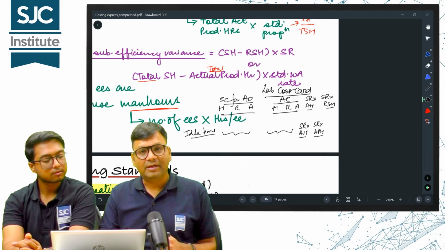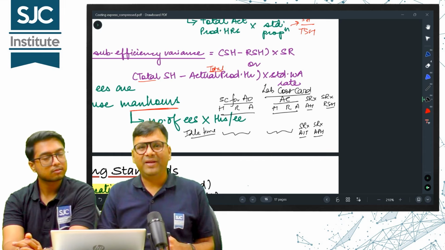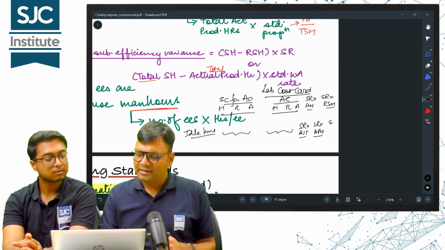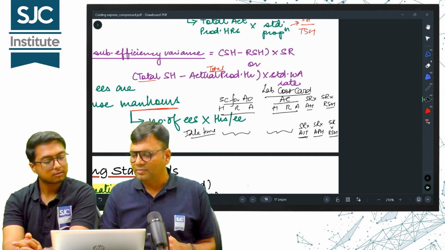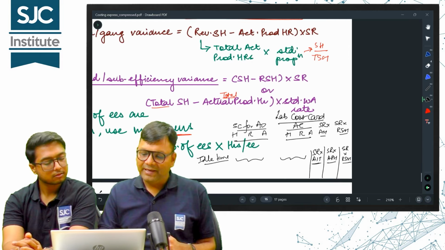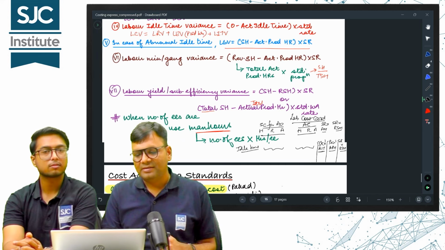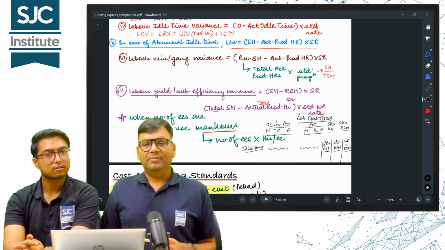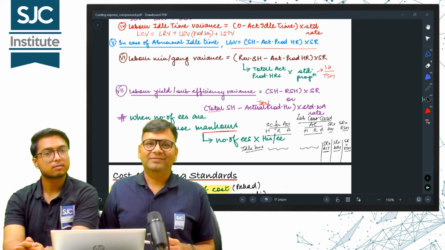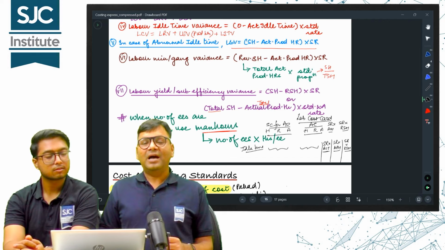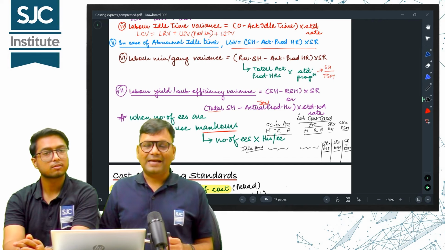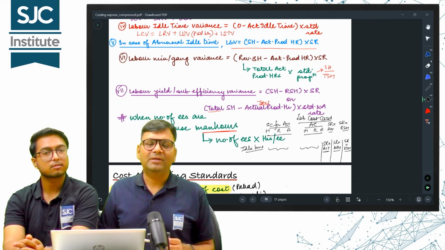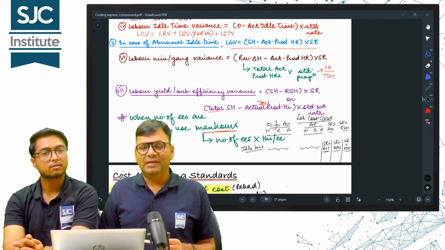This will help us to calculate your efficiency, mix and yield variance, and then standard rate into revised standard hours. These columns will be made and total values will be required by opening the bracket, just as in the case we discussed for material variance. Remember, only formulas will not help you. Without seeing the sums exactly or solving the sums multiple times, perfection will never come.